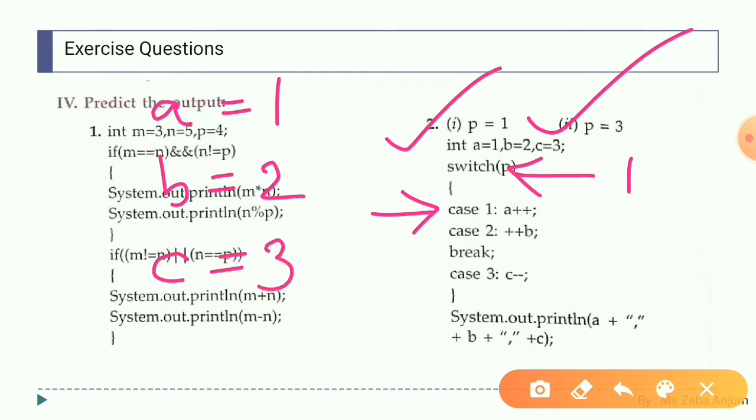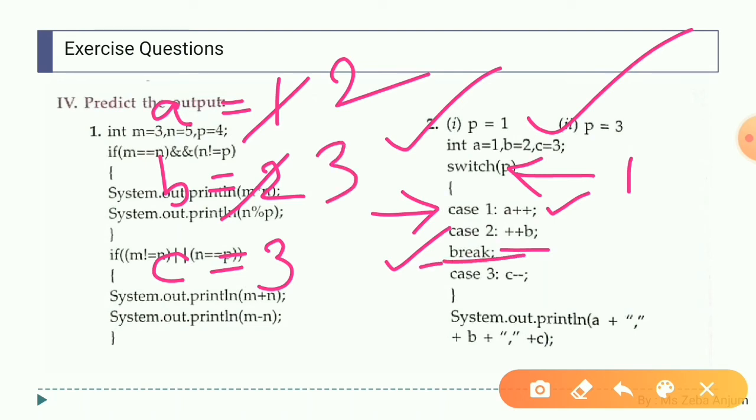Now for case 1, when this a plus plus gets executed, it is not going to give you any value, but it is going to increase the value by 1. We are not having break over here, so the condition is of fall through. So again case 2 will get executed, and here we are having plus plus b. So firstly the value will be increased, so again this 2 will become 3. Then we have encountered our break, so we are going to get out of this switch.